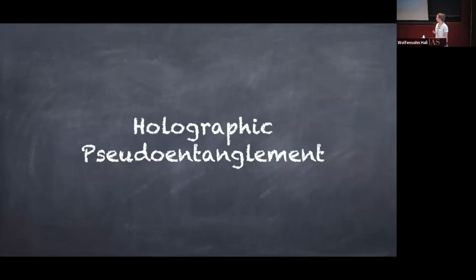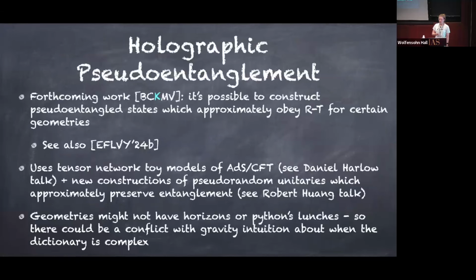We're going to now turn to this construction of holographic pseudo-entanglement. The main result of this forthcoming work is that it's possible to construct pseudo-entangled states which approximately obey the RT formula for certain geometries. The techniques we use are both techniques that have been spoken about this week.